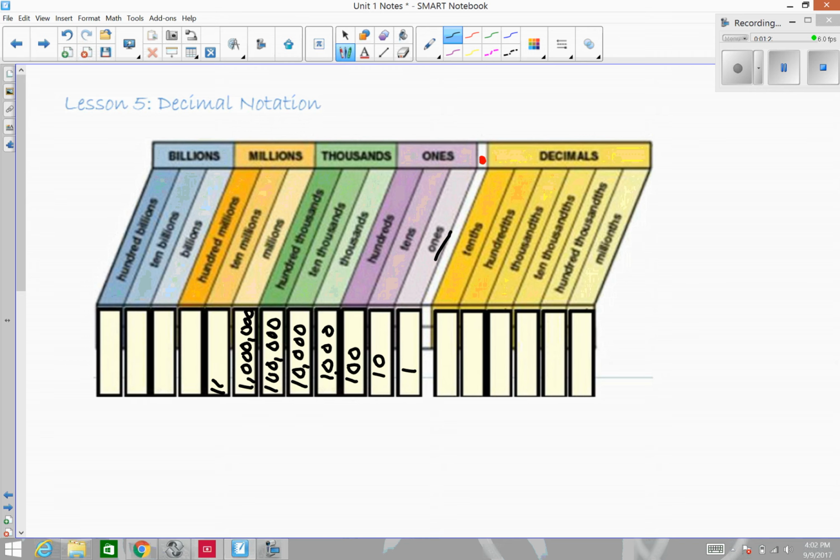Then we have the 10 millions, 100 millions, billions, 10 billions, and 100 billions.